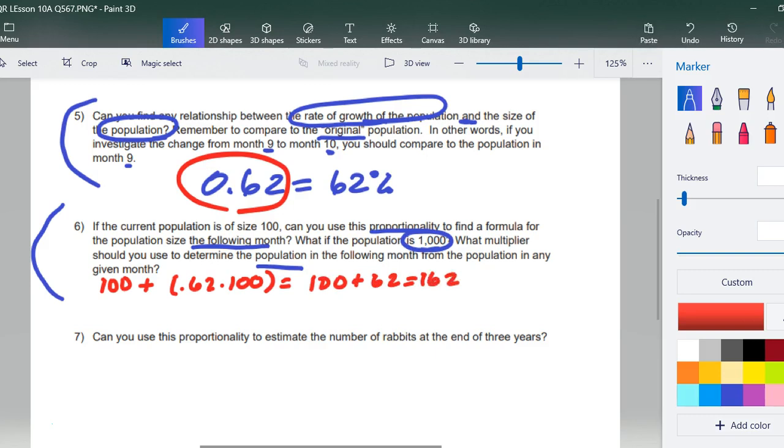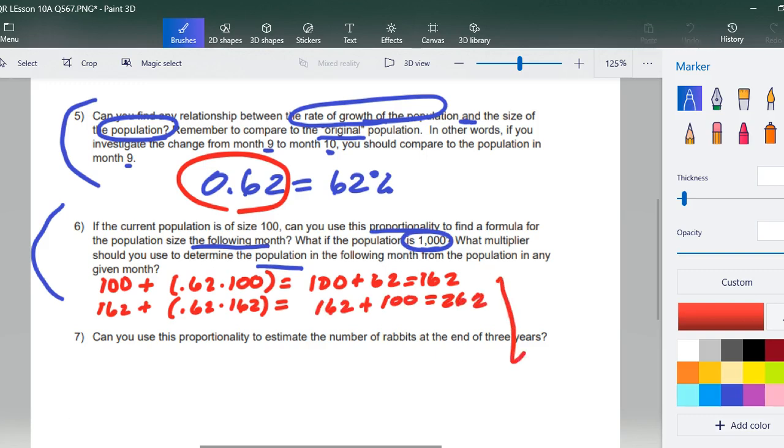And then I would repeat that again. If this month has 162, I'm going to add in 62% of that 162 and get the next month. I'll go ahead and calculate that. So I'm getting 0.62 times 162, and that is about 100, so 162 plus about 100. We're getting about 262.